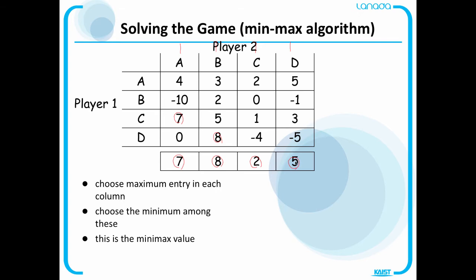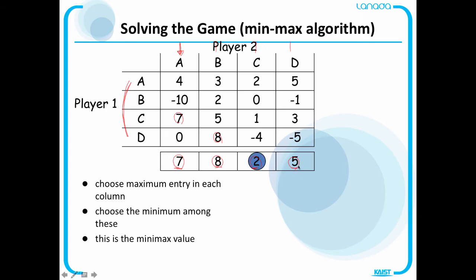So what is this? From the perspective of player 2, he thinks, if I choose A, what's the maximum loss that I will be obtaining? That's 7, because I don't know which strategies will be played. So that's the maximum loss if I play A, and likewise for the others.